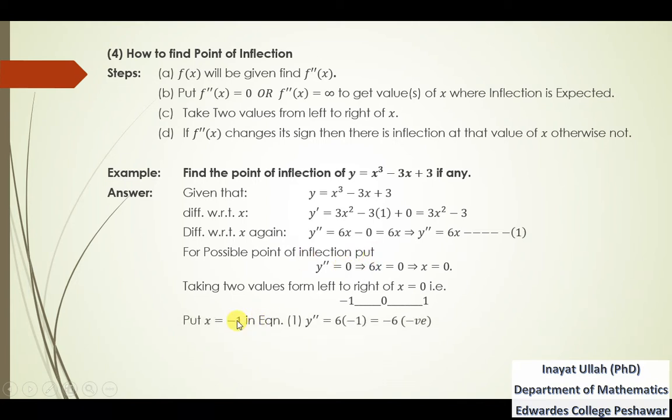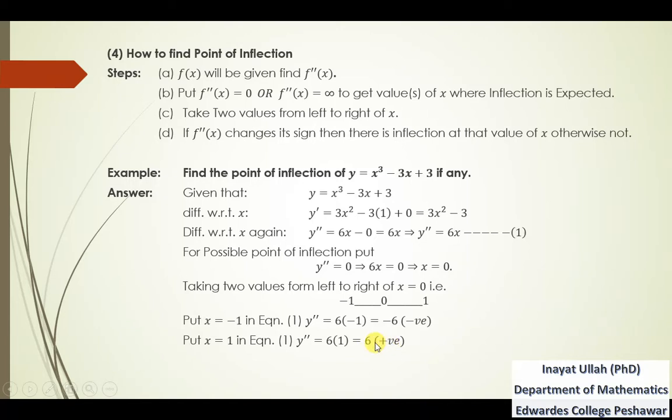Put x equal to minus 1 in the second derivative. y double prime is equal to 6x, so 6 times minus 1 is minus 6, which is negative. Now put x equal to 1 in the second derivative, and we get plus 6, which is positive.